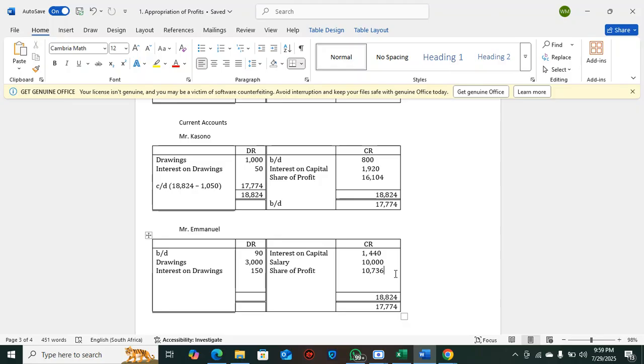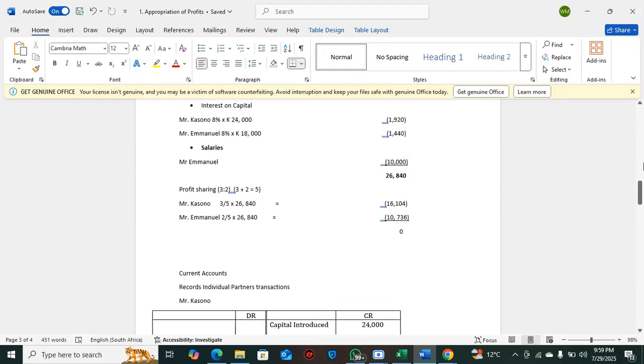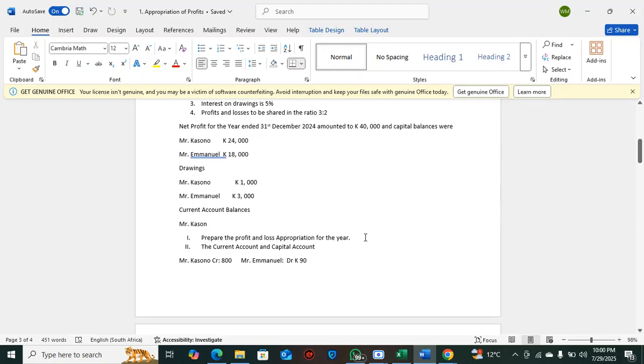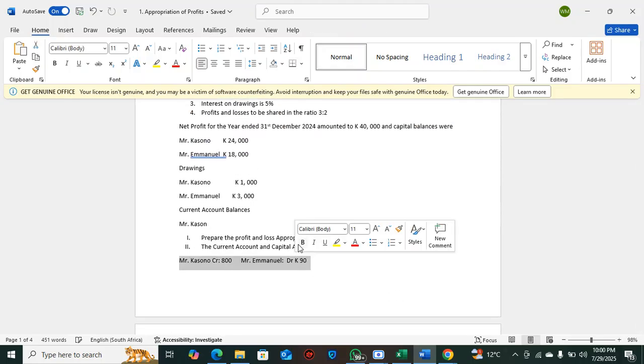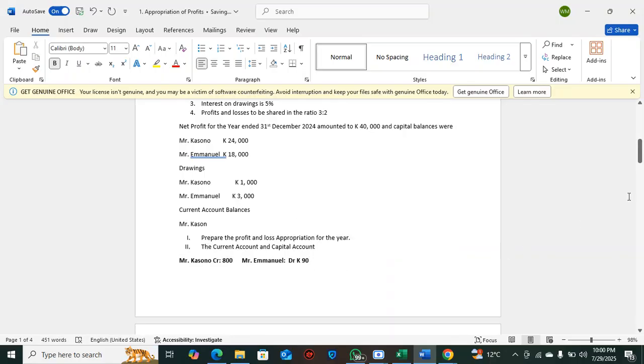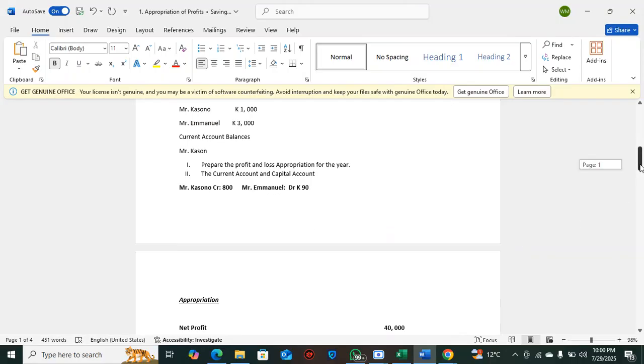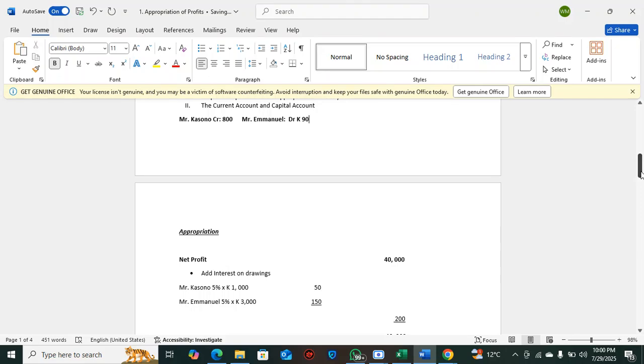They always tell you in the question. For the current account, they always give you the balances.